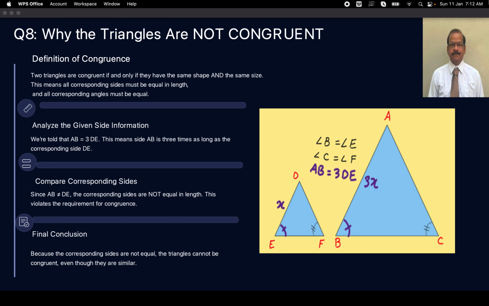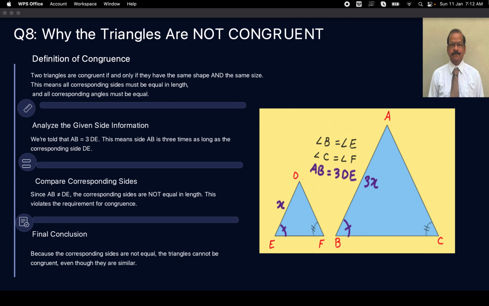In the given problem, we are told that AB equals 3DE. If DE is taken as x, AB will become 3x. This means side AB is 3 times as long as the corresponding side DE.